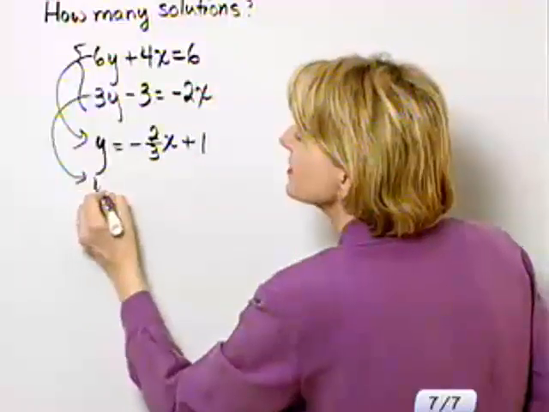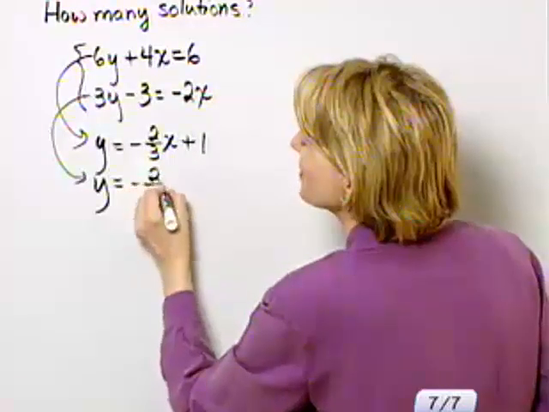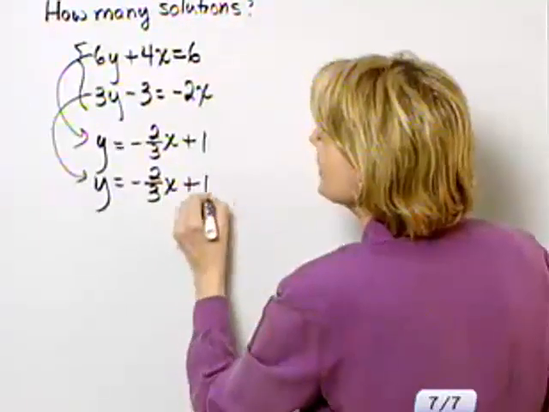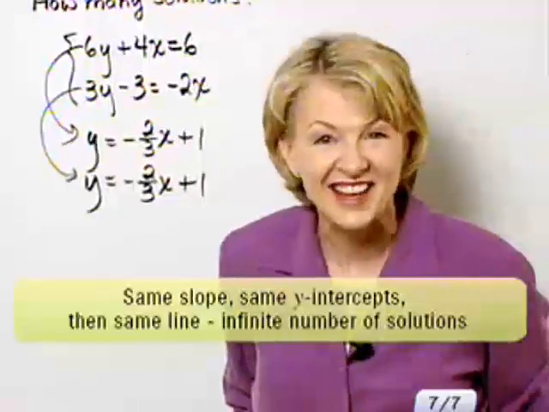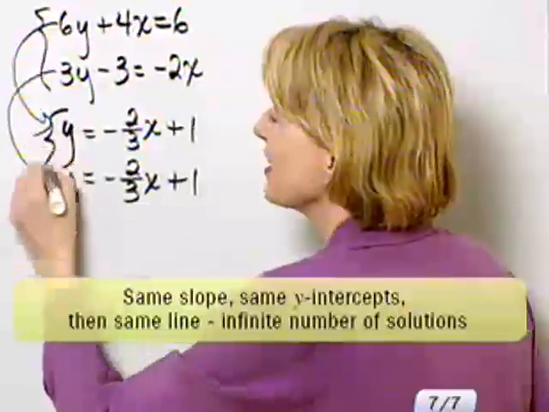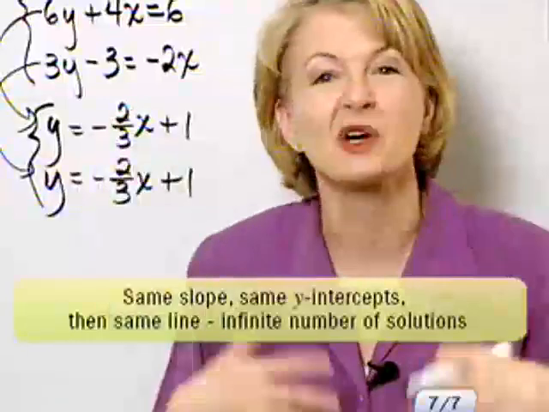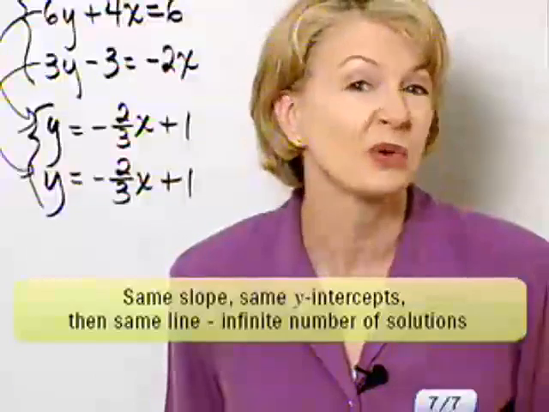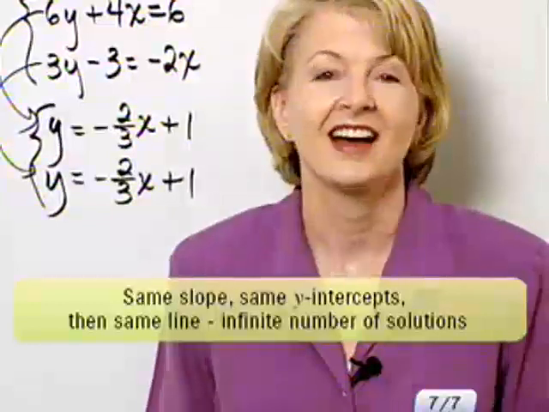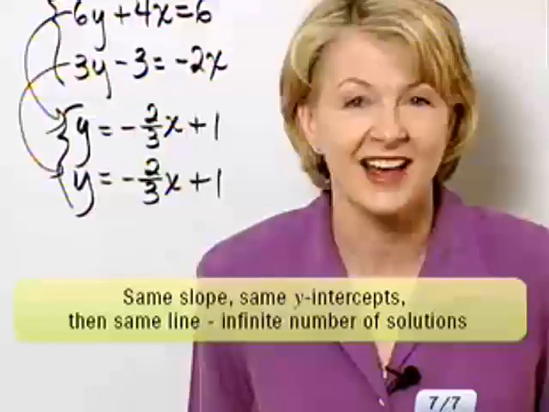If you write this in slope-intercept form, what happens is you have exactly the same thing. Since you have exactly the same thing, same slopes, same y-intercepts, what will the graphs look like? Identical lines, same exact line.